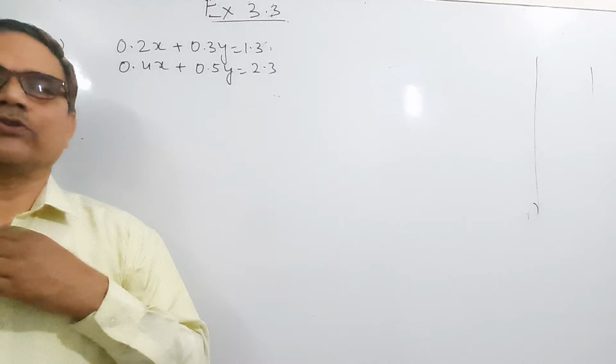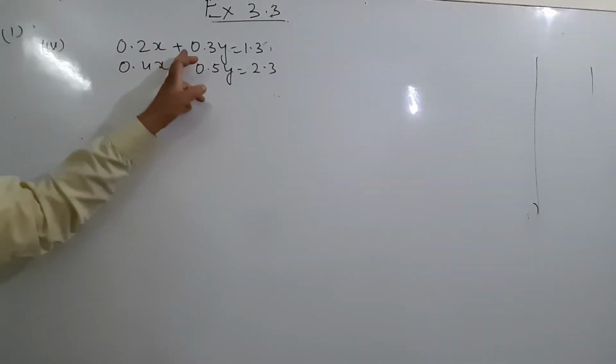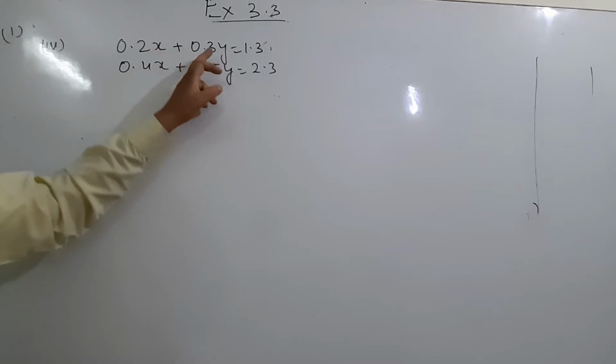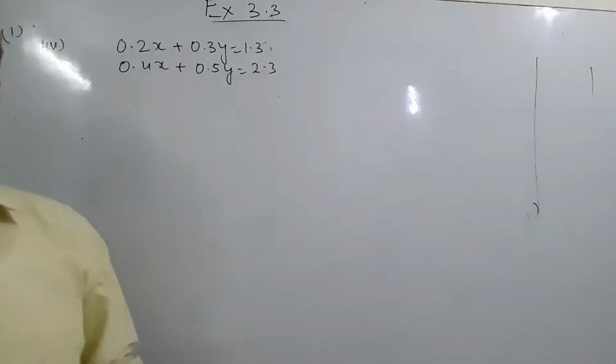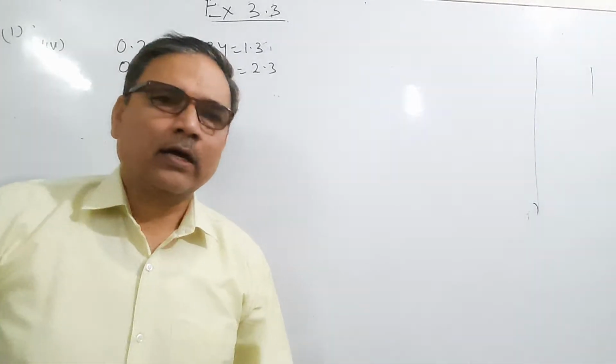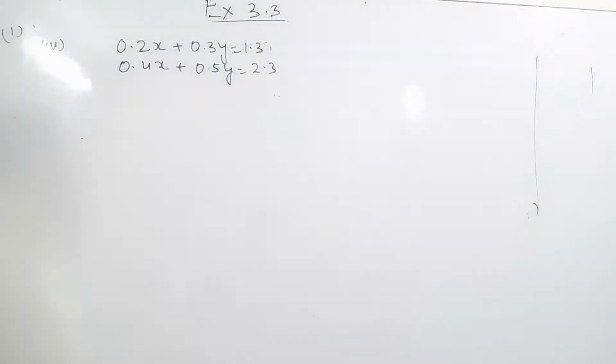To solve a decimal question, there are two methods: either we find the value of x or y in decimal form, or we eliminate or remove the decimal. We will solve by the second method.